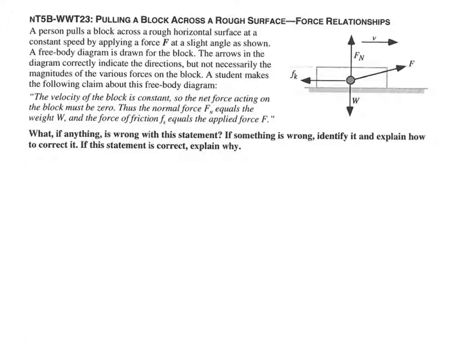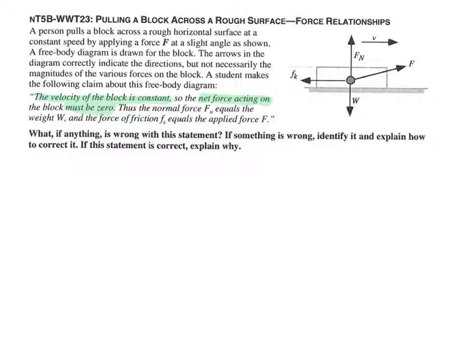So, a couple things. One, the student is 100% correct that since the velocity of the block is constant, the net force acting must be zero. That's Newton's second law, or if you want, the first law, and that is certainly true.